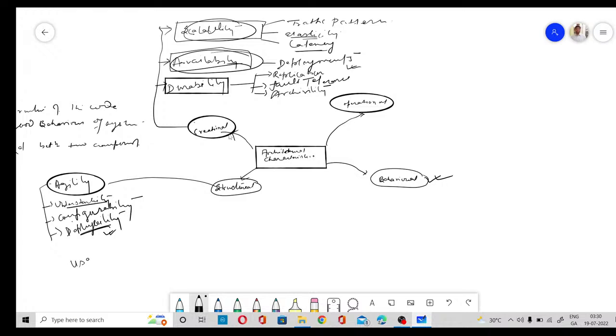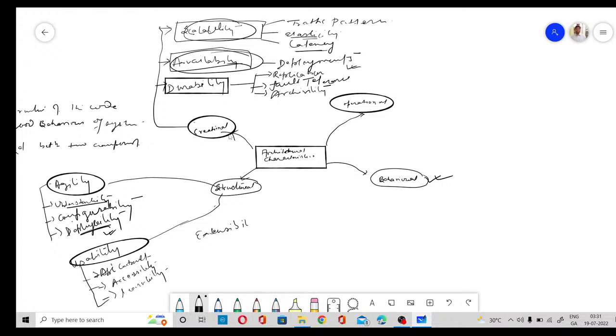Once you are done with your usability, then you can think about the extensibility of the application. This is more important from the dev perspective.